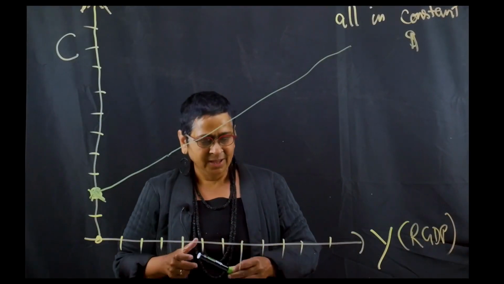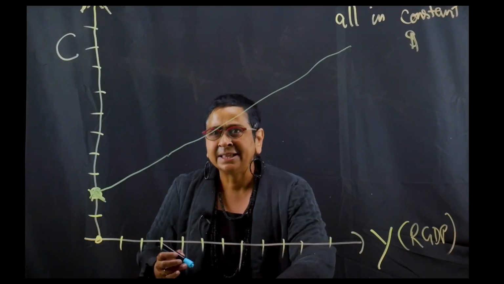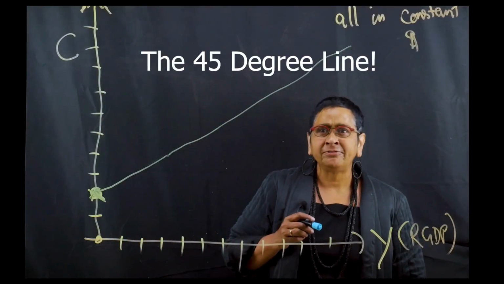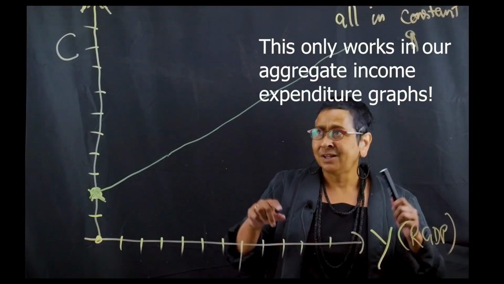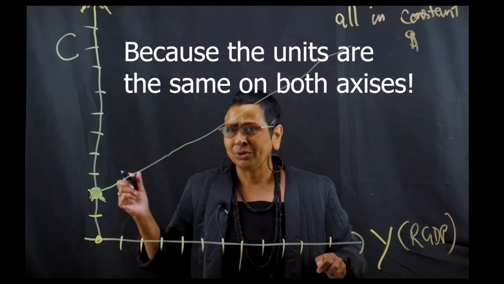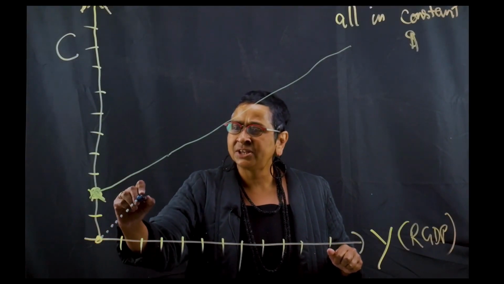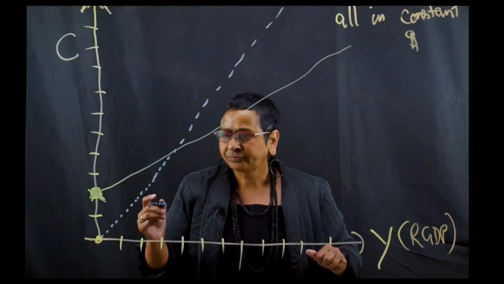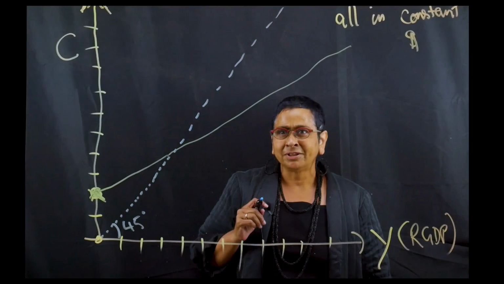Second thing, I am now going to add a visual technique that we use a lot in Keynesian economics, which I will call the 45-degree line. Again, this only works in this graph, in our aggregate income expenditure graphs, because the units are the same on both axes, right? So over here, I'm going to make it dashed. That's 45 degrees. Now here's the interesting thing about a 45-degree line.